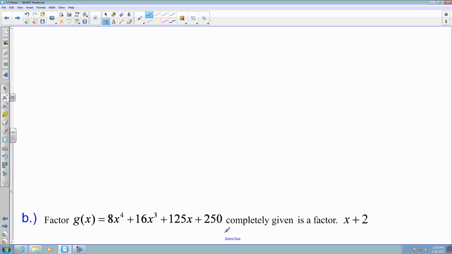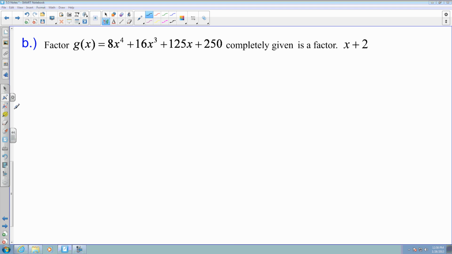Let's take a look at B. I want some more room, so that works. So here I have g of x equals 8x to the fourth plus 16x cubed plus 125x plus 250. And I know that x plus 2 will be part of my factored out completely sequence.